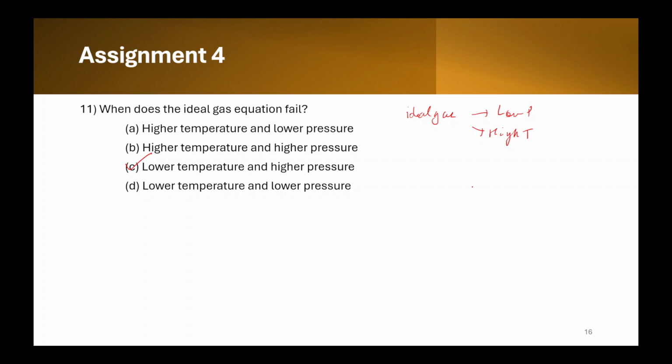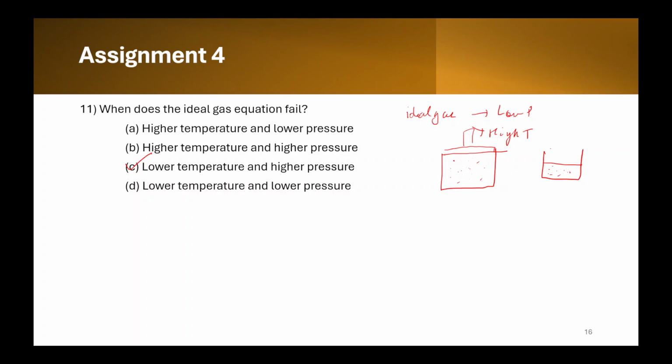Why would it fail? Suppose this is a container with some particles of a gas in it. If there's a piston above and we push that piston way down, the pressure is increased.